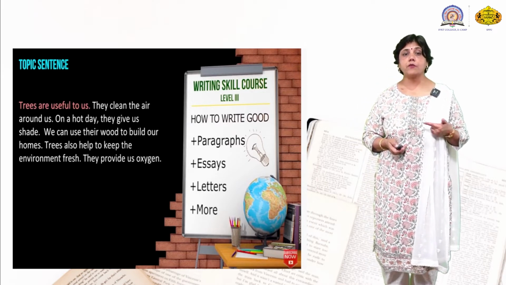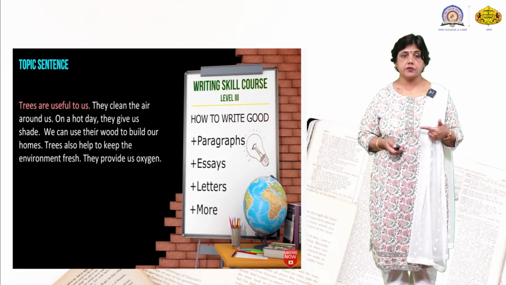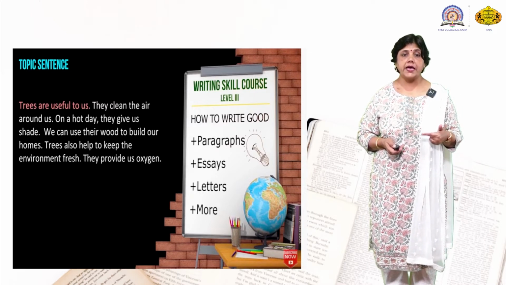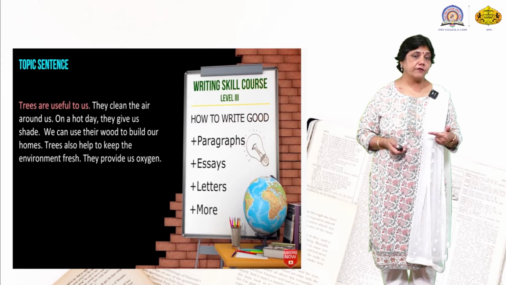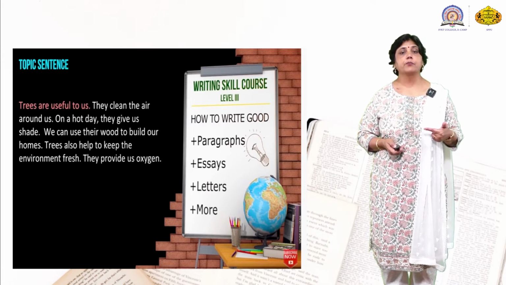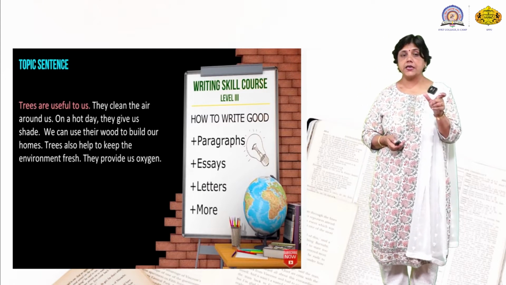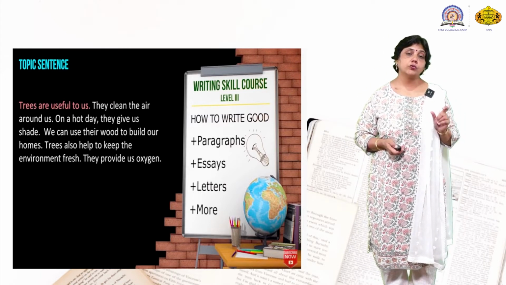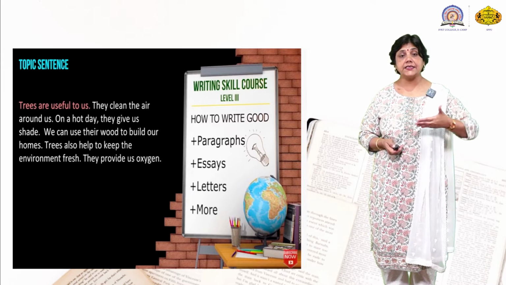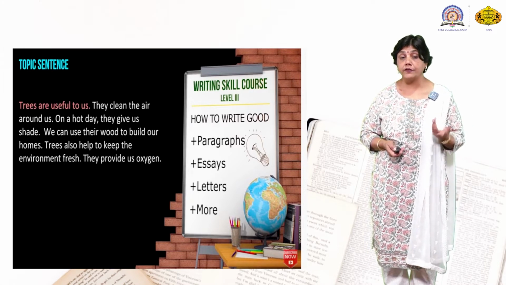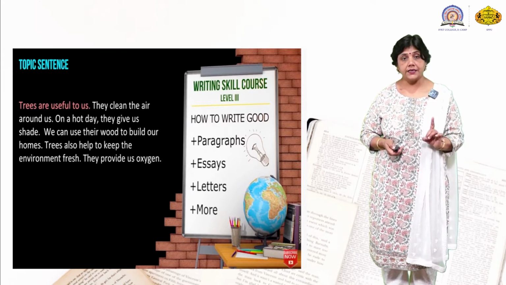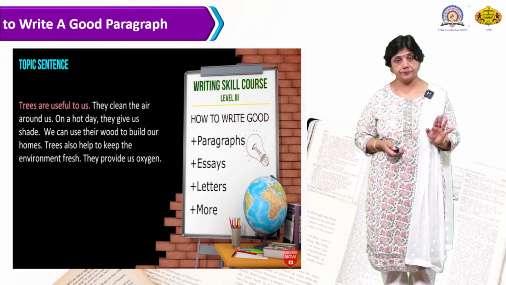We can use their wood to build our homes. Trees also help to keep the environment fresh. They provide us oxygen. Like, one topic sentence was there, trees are useful to us, and the rest of the sentences are in support of that one topic sentence. Clear what is a topic sentence?